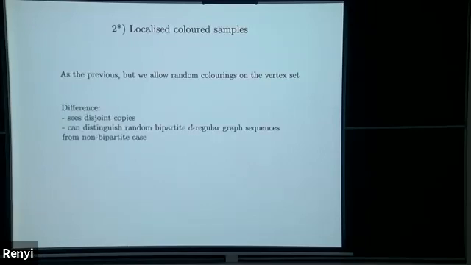There's a very major difference that can be seen very easily if you just look at this previous convergence, this localized convergence. If you have a sequence of graphs, and then you take a different sequence of graphs where every single graph in this new sequence is 2 disjoint copies of the original sequence, then if you take these completely localized samples, you won't see any difference between the two.